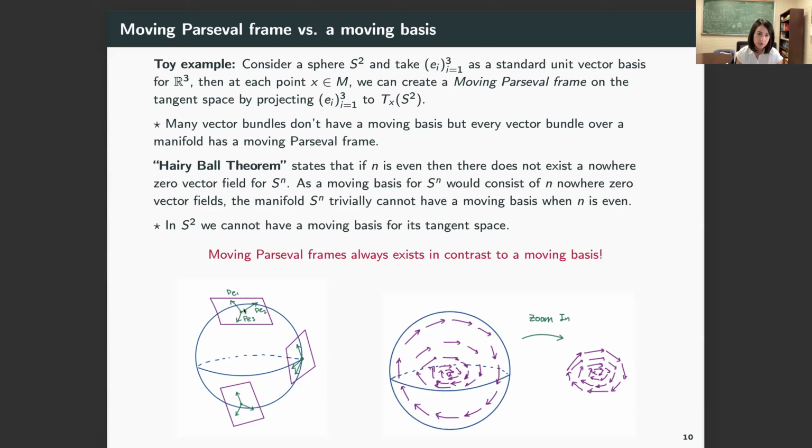And in this picture, I tried to show what happens when you take an orthonormal basis and project it onto this subspace, the tangent space. Then you can see that this forms a moving parseval frame for us at each point. But the takeaway here is that a moving parseval frame always exists, in contrast to moving bases that might not exist at some point.